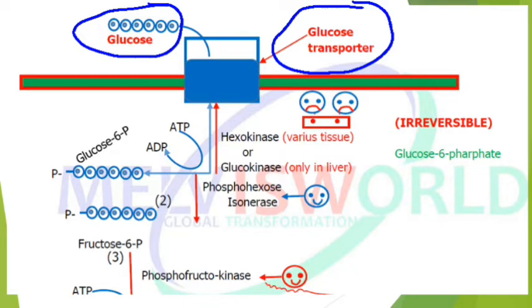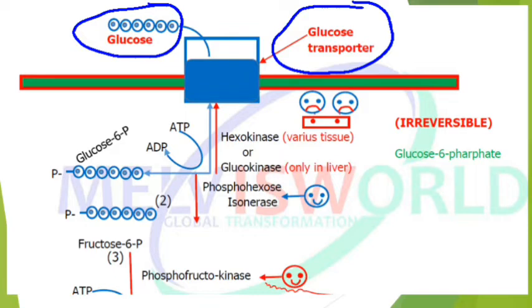Then, these are enzymes within the cell. Note, glycolysis takes place in every part of the body cells. So, it is not limited to only the liver, unlike gluconeogenesis.